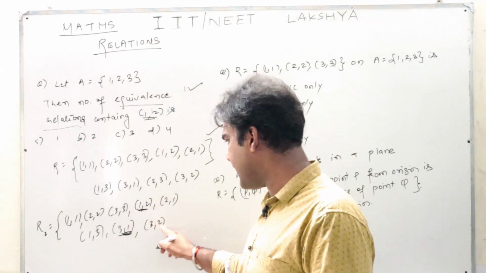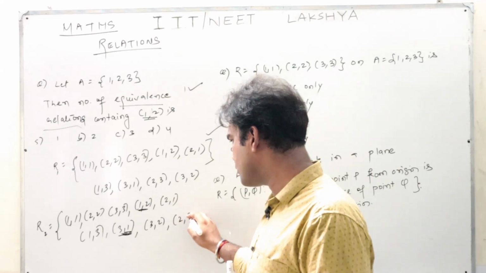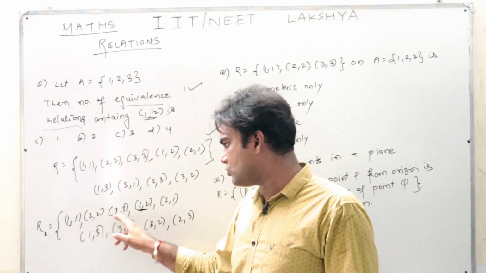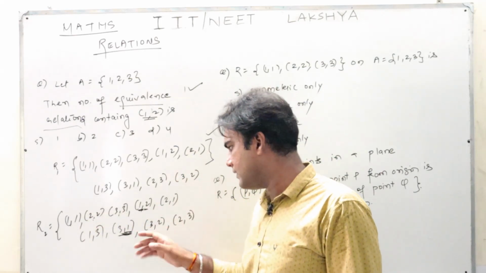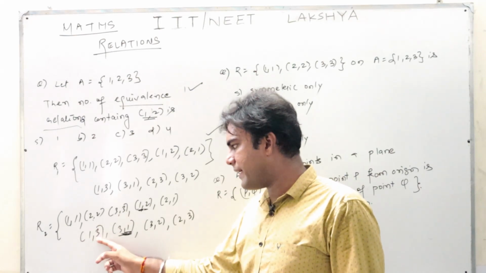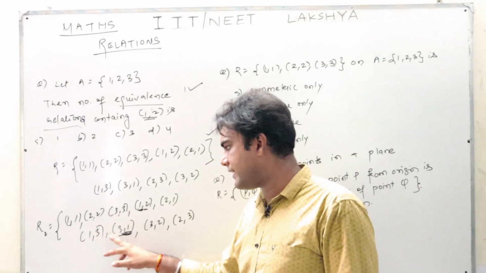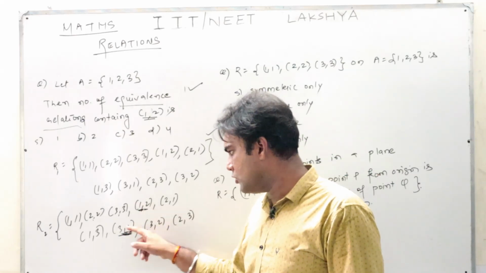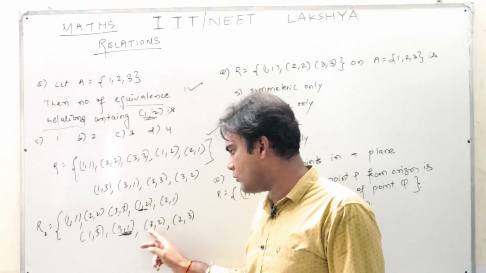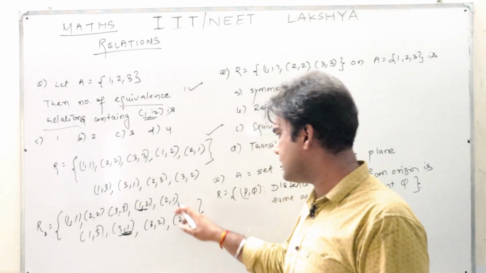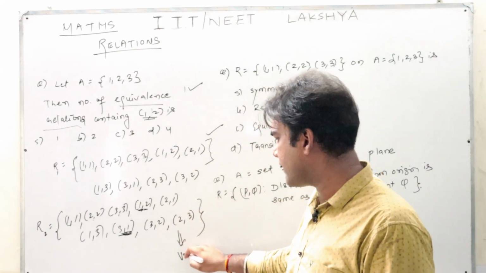But if I add (3,2), then I have to add (2,3) also, so that it is symmetric. So with that, this becomes nothing but your universal relation.